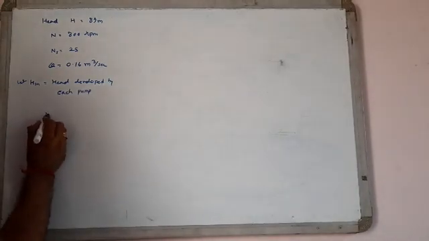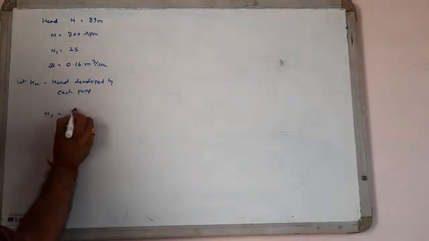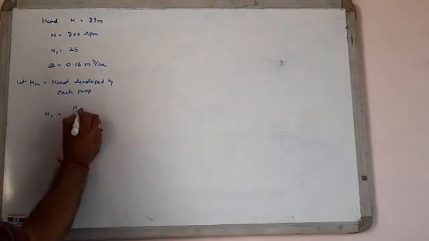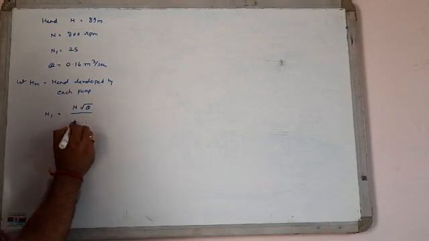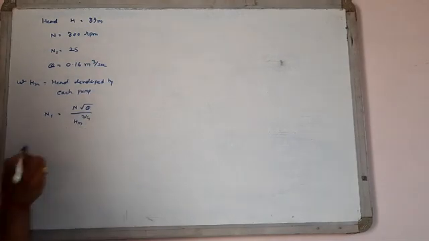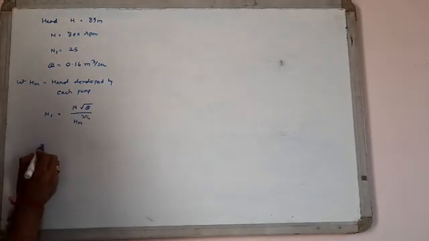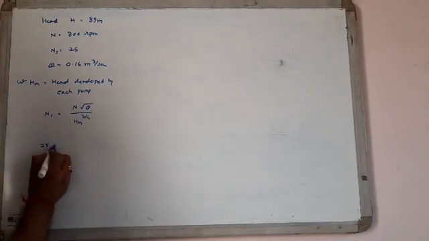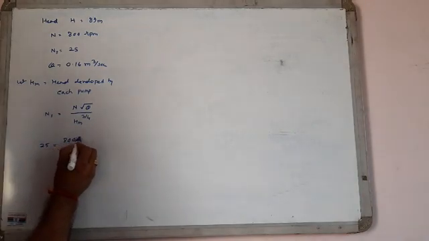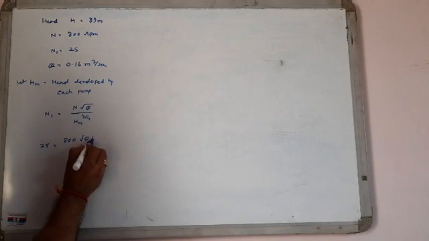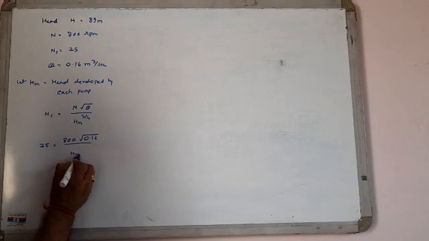Now Ns equal to N root Q by HM to the power 3 by 4. Ns is given 25, N is 800, Q is 0.16, and HM we have to calculate.